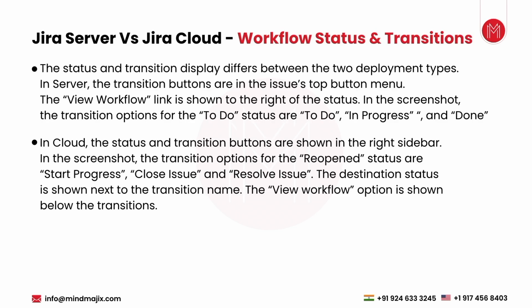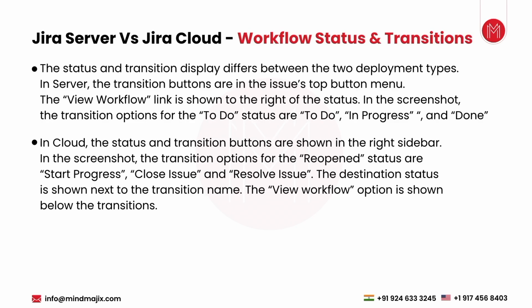The view workflow link is shown to the right of the status in the screenshot, and the transition options for the to do status are to do, in progress, and done. So we have these options. As we see the Kanban board, we can open the Kanban board, which is on the left-hand side of Jira, and then we can have these to do statuses, to do, in progress, and then completed or done. So that can be assigned from here only.